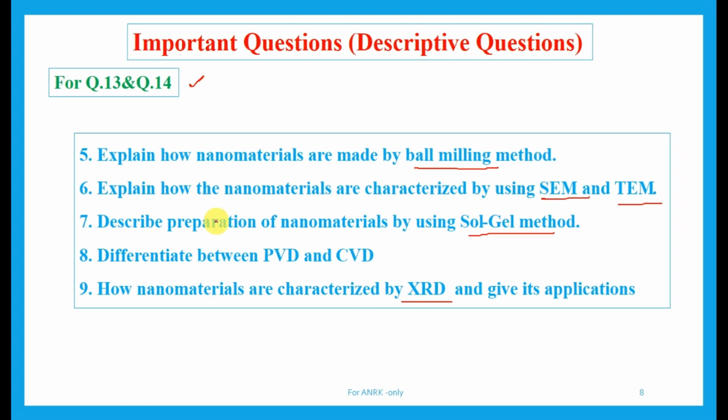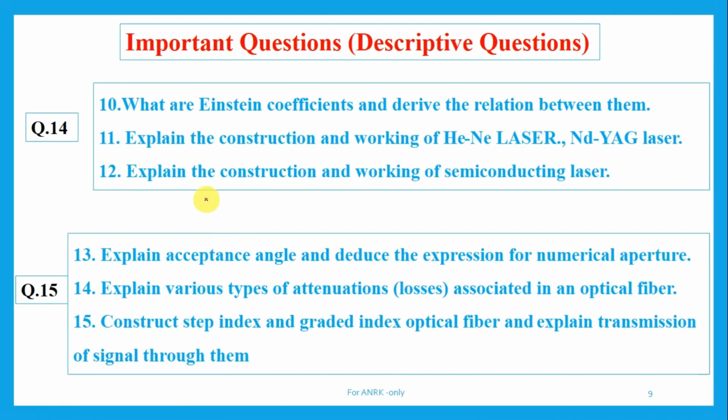Then for question 15, we have to prepare from lasers. It is Einstein coefficients and it is a derivation. Otherwise, we mainly have 3 lasers: helium neon laser, Nd:YAG laser and semiconducting laser. Whenever we study lasers, we first need the basic information.